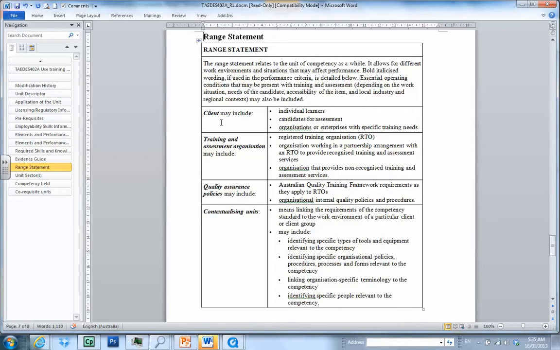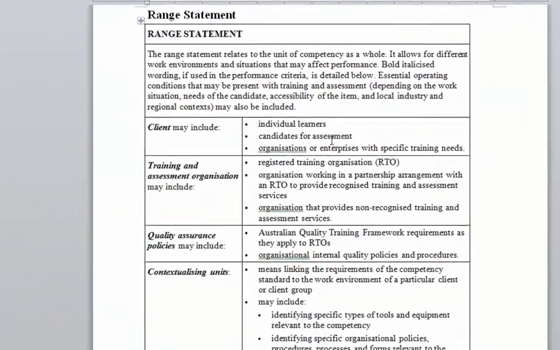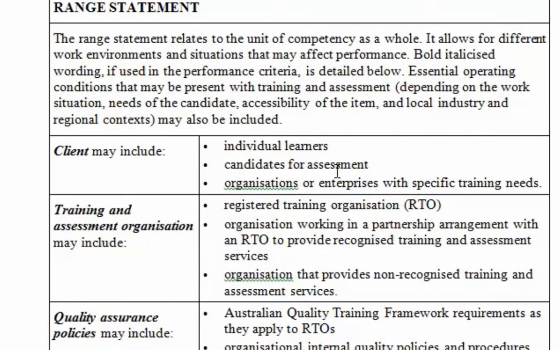Now we've already in the webcast defined client in that PowerPoint presentation as an individual learner, or in John's case, a candidate for assessment, which would be Susan because she wants some of those recognised prior learnings, but she will also be an individual learner in the units that she has a gap in. We also saw John's boss, or John's company, the new company that he works for, as an organisation with specific training needs.